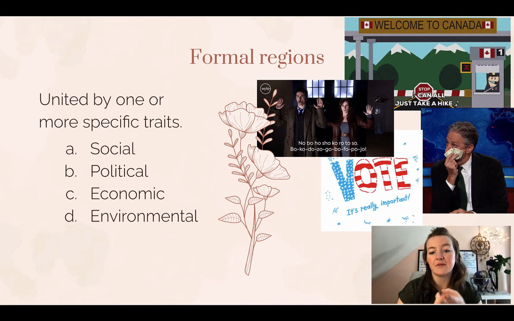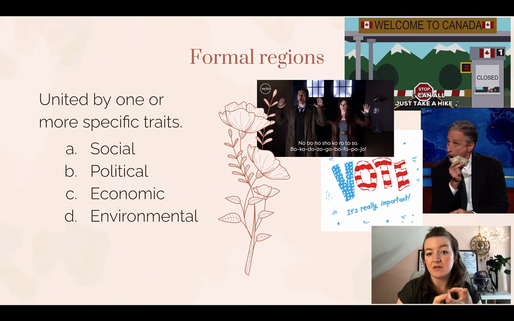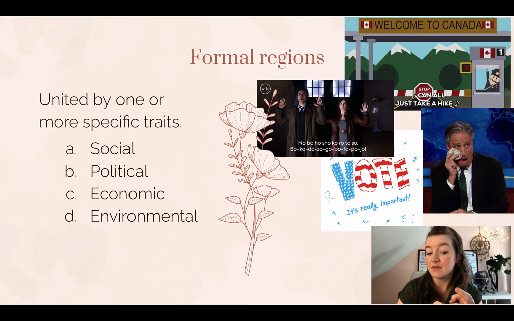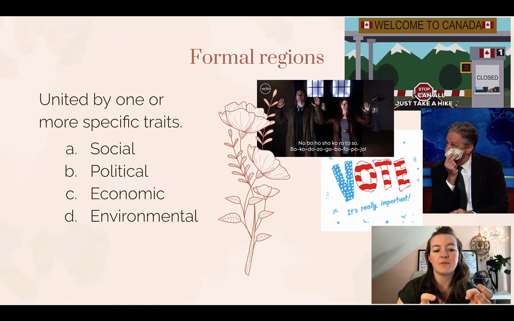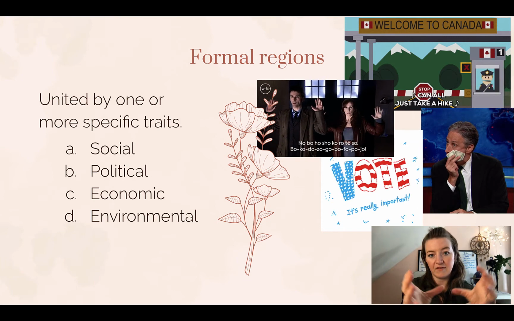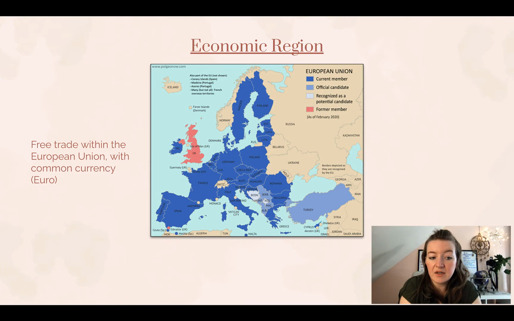We could be looking at something like money, or that they all speak the same language, or have the same government, or all fit within that particular environment, like an island.